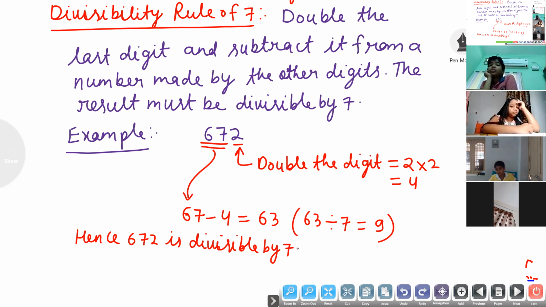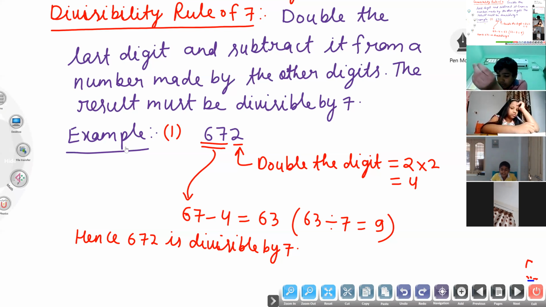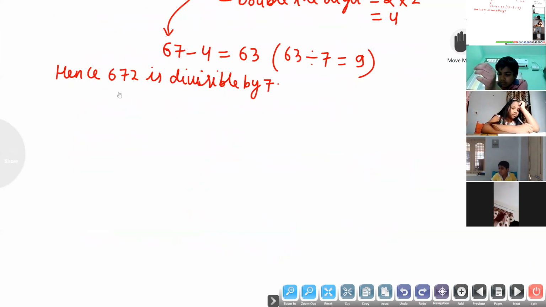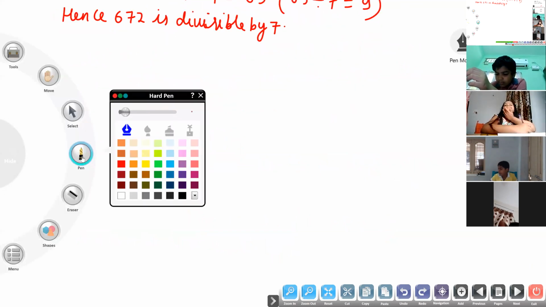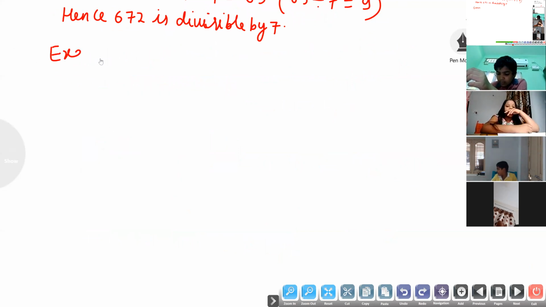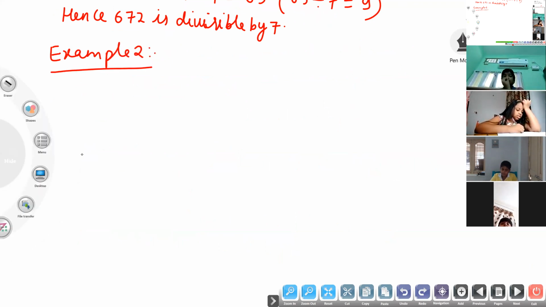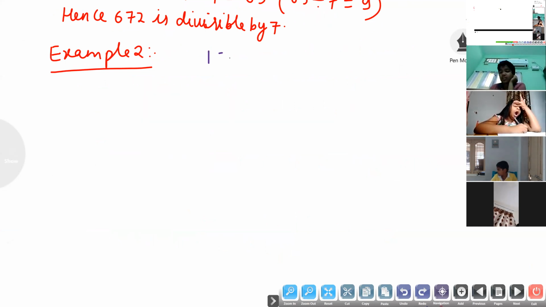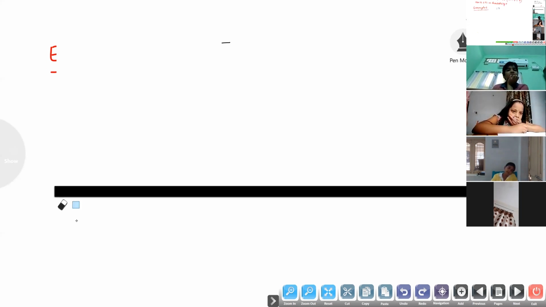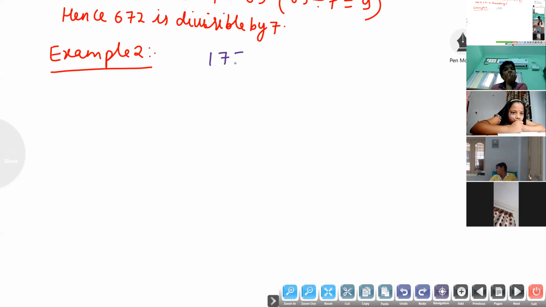Example 2. Second example, 175. Now what is the first step?